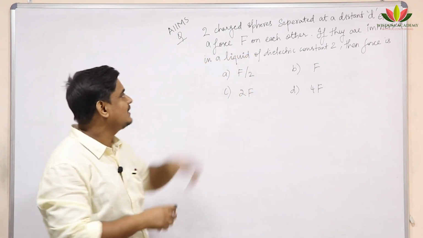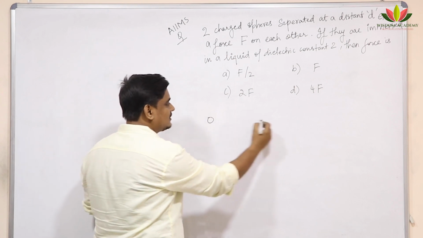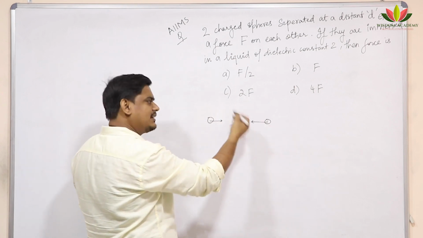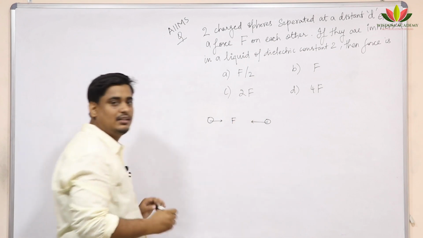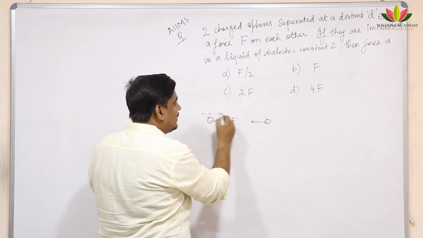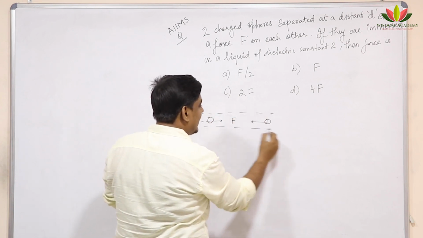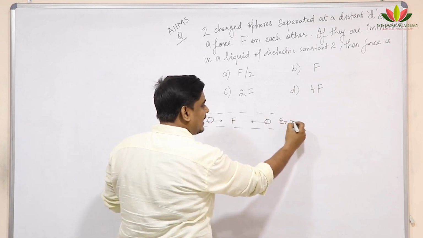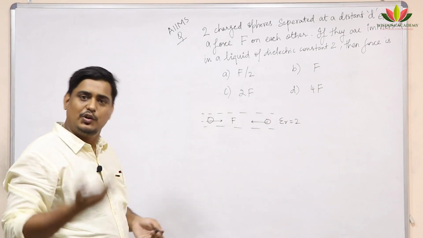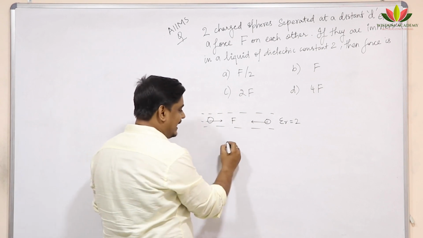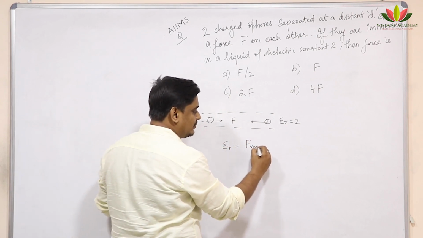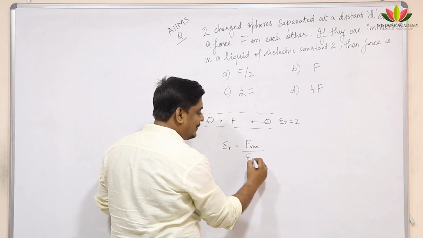See, they have told that there are 2 charges and they have a force, maybe I am taking it as attraction, it can be repulsion also, F. Now, when the same 2 charges are kept in a different liquid, which is having epsilon r as 2, what is the value of force? You remember what we learned in the previous class? Dielectric constant epsilon r is equal to F vacuum by F medium.